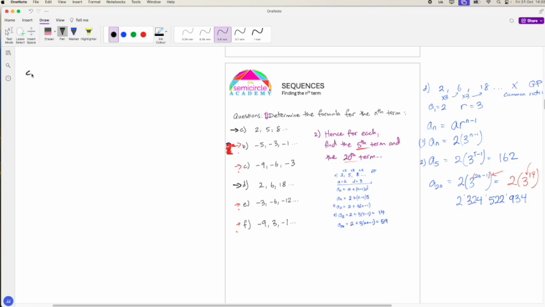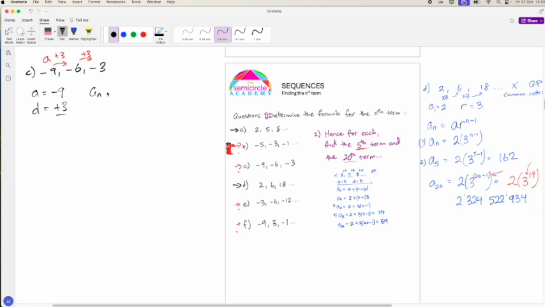We have part C here, which is negative 9, negative 6, negative 3. And I could see that this is A, and A plus 3 will give us negative 6, negative 6 plus 3. So therefore A is negative 9, and D is plus 3, being a common difference, of course.